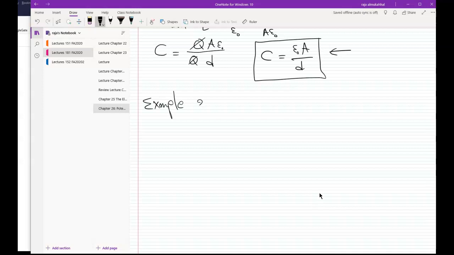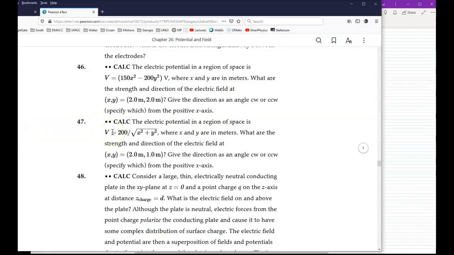Example 26.6, simple example. Let me go to the book, 26.6. First, I need to locate it in my hard copy to know what section. Otherwise, I'll be looking for it forever. 26.6, section 5.